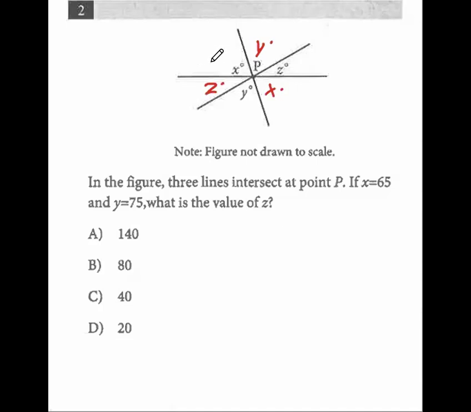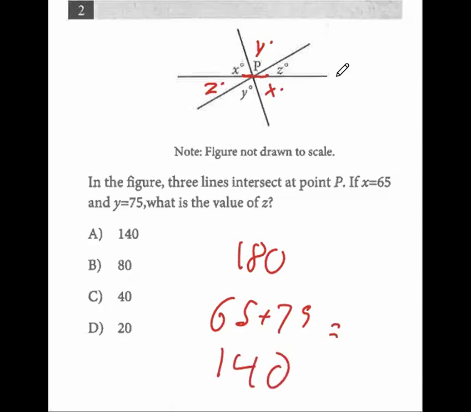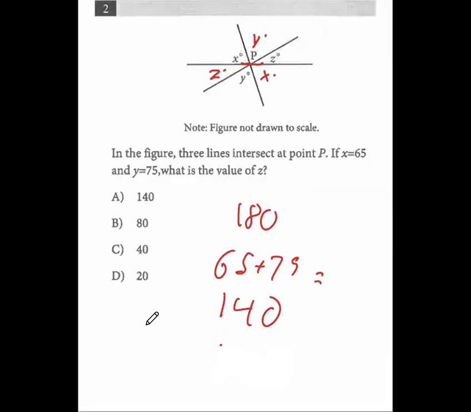Well, we know that this flat is 180, and we're given x and y, so we're given 65 plus 75, which is equal to 140. And we know that a straight line is 180 degrees, so to find the value of z, we just take 180 minus 140, which is equal to 40. So the correct answer is C.